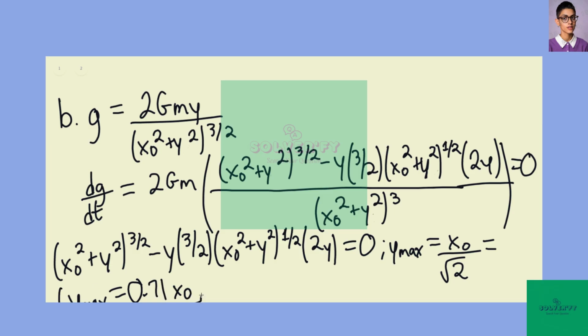So just keep this in mind, because when we want to find the maximum, this would be the critical y where we are getting the maximum gravitational field. So G max would be equal to G where y equals x naught over radical 2.